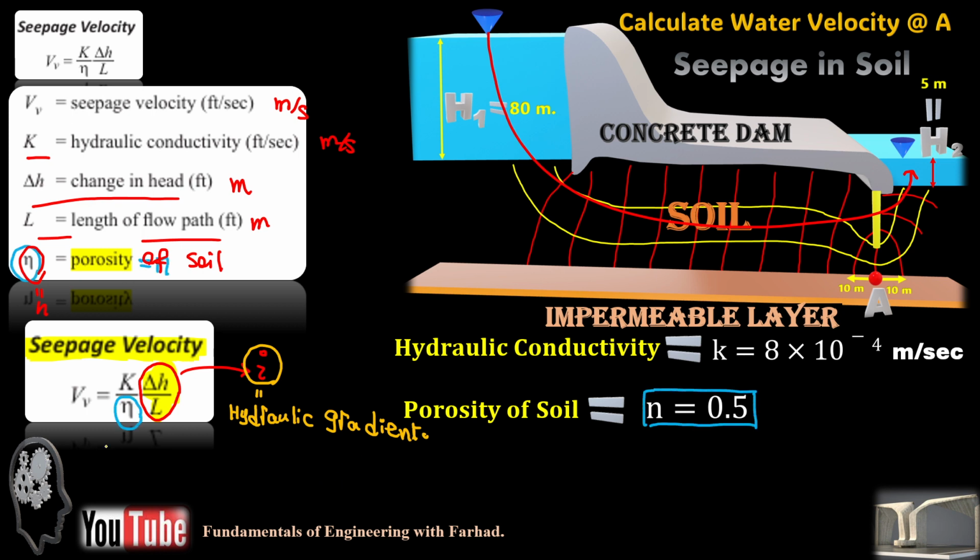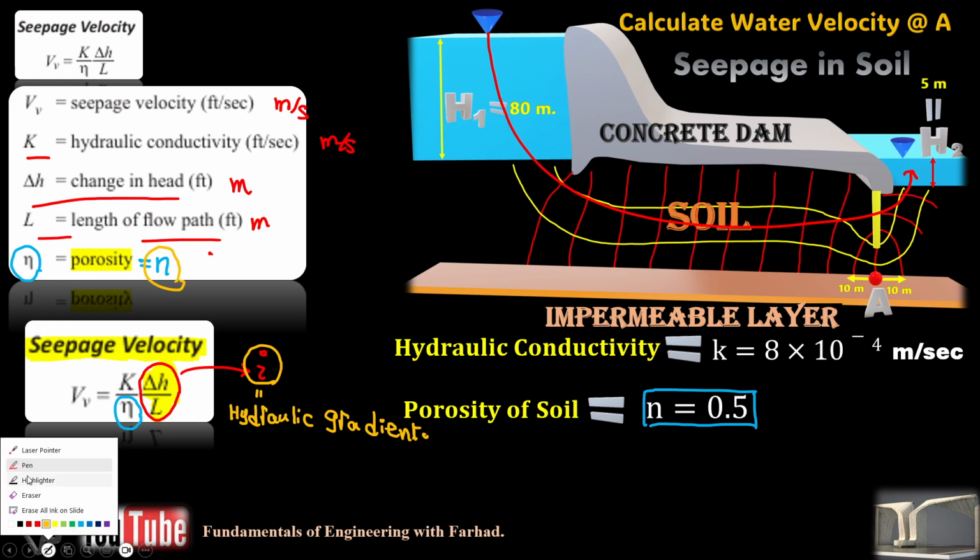And if you just replace eta by n, these both stand for porosity but with different symbols. So we already know what our n is, that's 50% or 0.5.